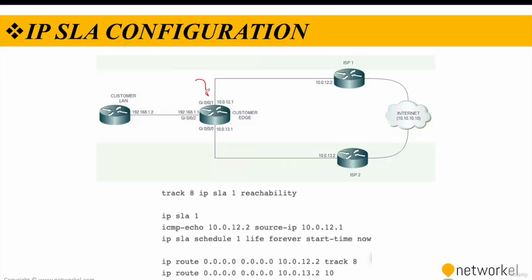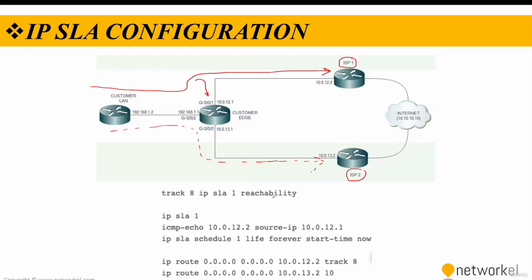I have my customer edge router and I am using two different ISPs to reach the internet from this customer network. I want the traffic coming from the customer local area network to go this way using ISP1 if my defined SLA is up. Otherwise, I want the traffic to go through this path over ISP2 if the SLA goes down.